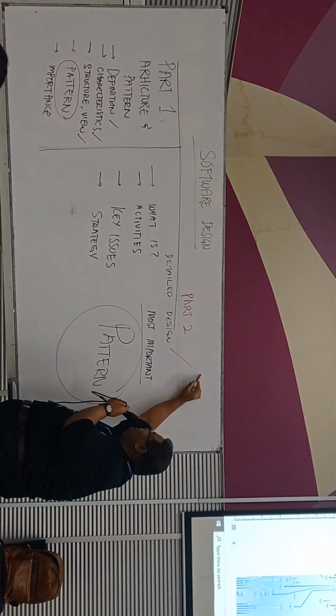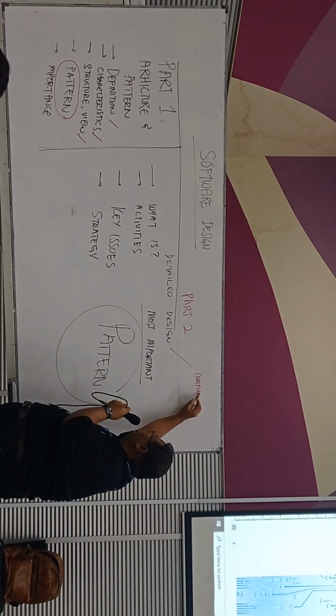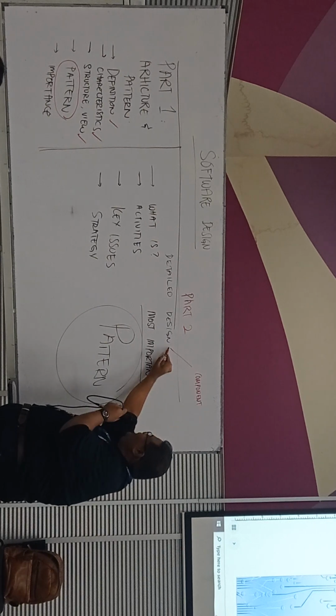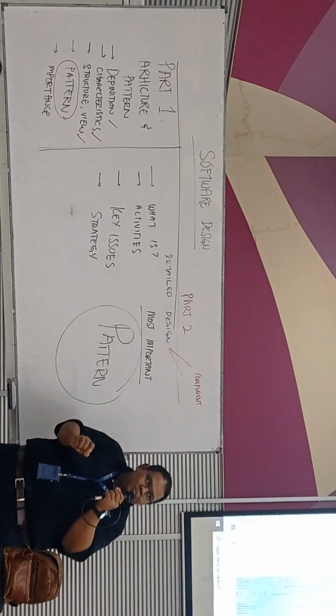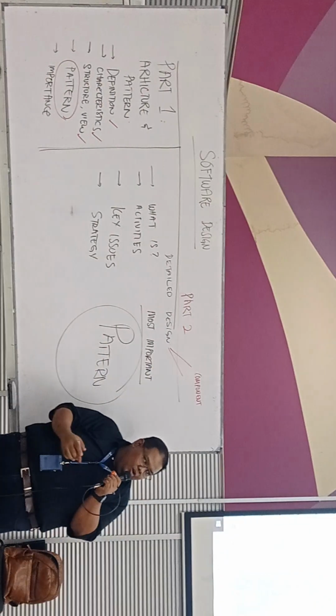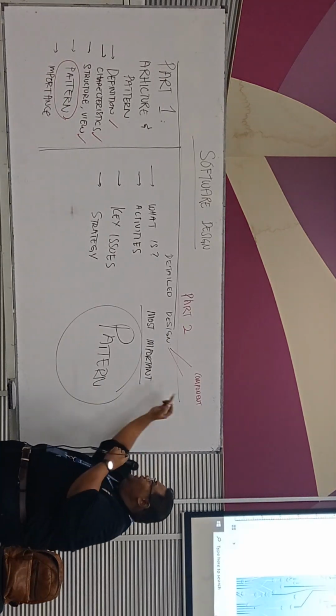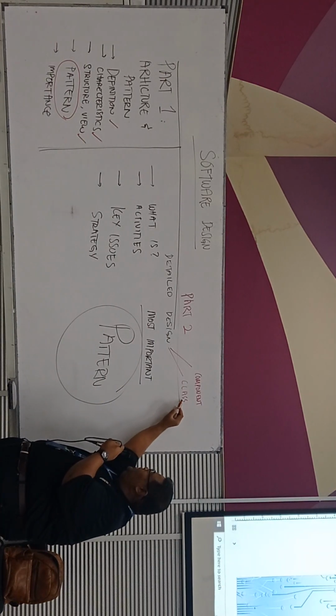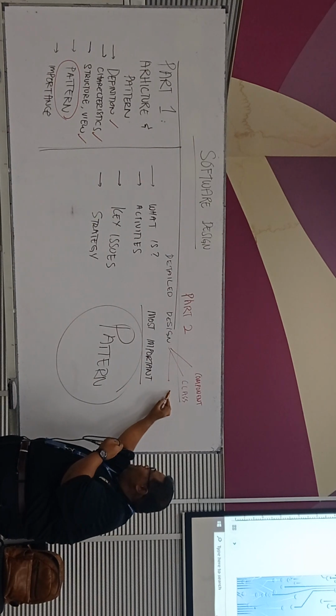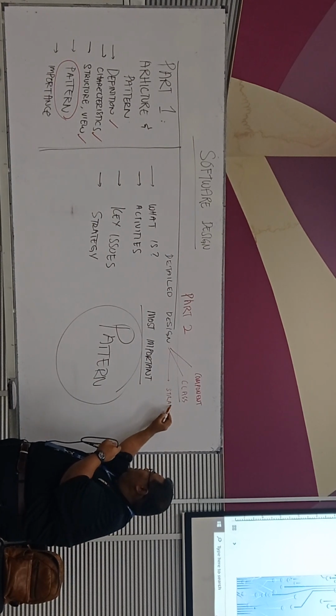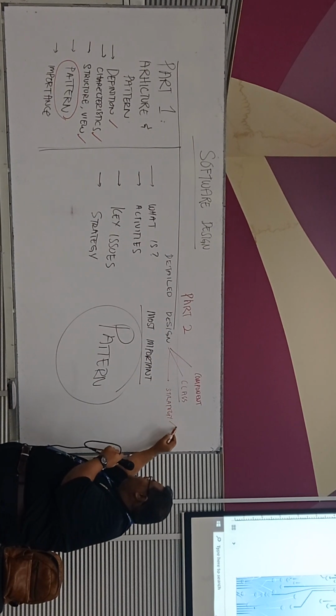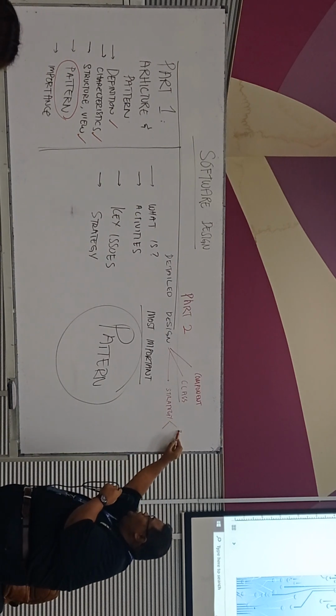We need to identify what the components are. From the perspective of object-oriented analysis and design, we also need to discuss classes. We need to discuss strategy, and from each strategy, we are going to find what the problems are.